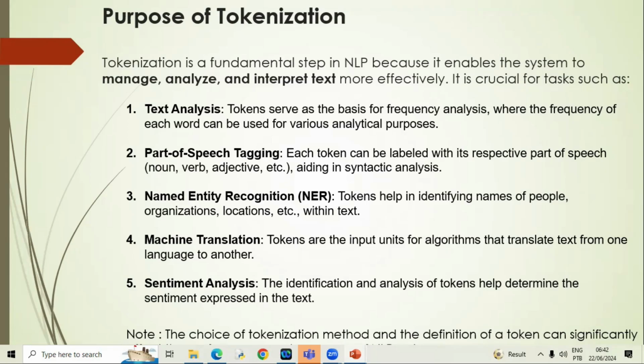Then machine translation. Once we get the tokens, we can apply those tokens to our algorithms, because behind any model we have algorithms. Those algorithms will be useful for tokens. Sentiment analysis: the identification and analysis of tokens help determine the sentiment expressed in text. Sentiment analysis means emotion.